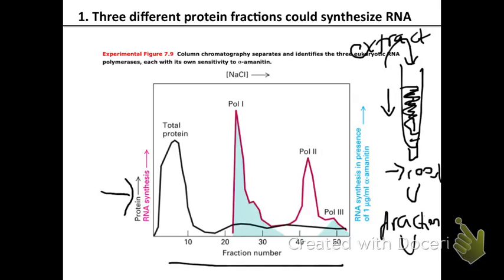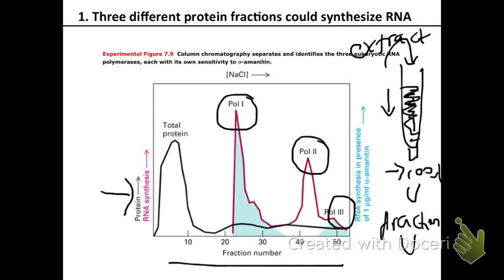That's plotted on the y-axis in pink. What they found is that there are 3 distinct peaks in these fractions that could support RNA synthesis. The reason for that is each of the RNA polymerase complexes are different sizes, and they were found in different fractions, and that's how they could identify them.